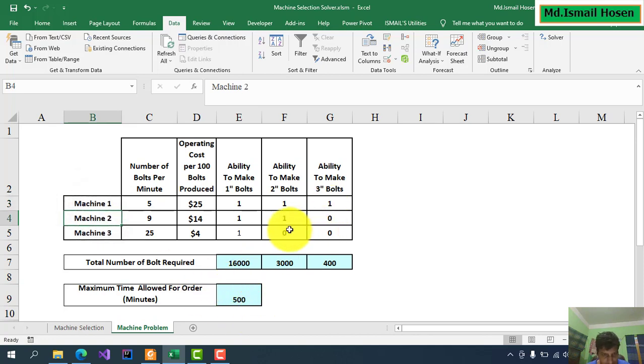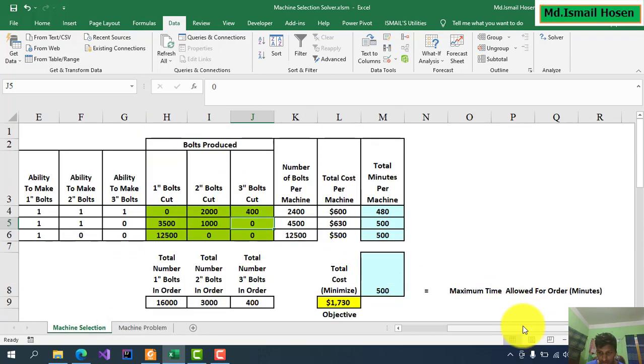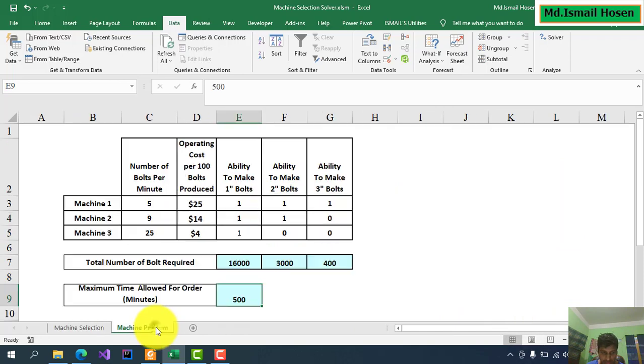We need to fulfill this condition, that the machine runtime should not be greater than 500. And another condition is that we need to reduce the operating cost or total cost. So this is the problem statement, and here we are going to understand how we need to solve this.